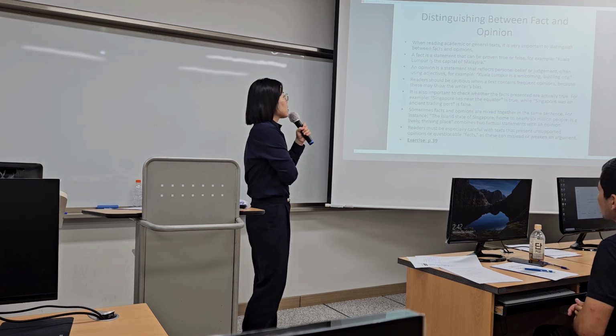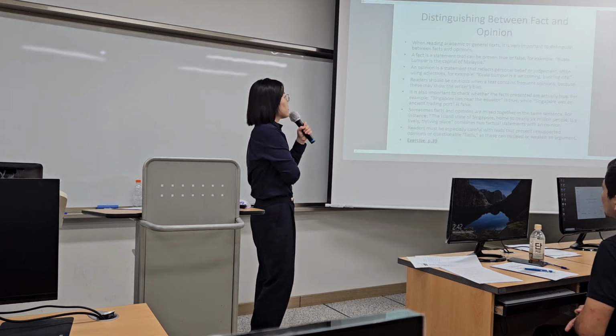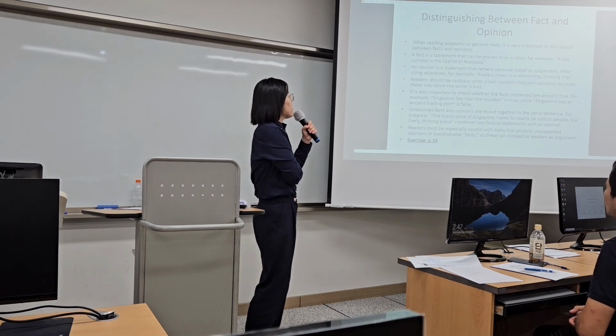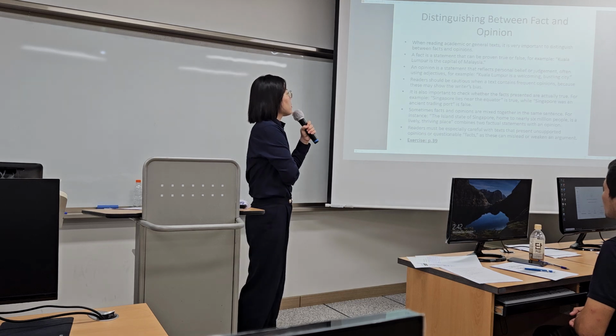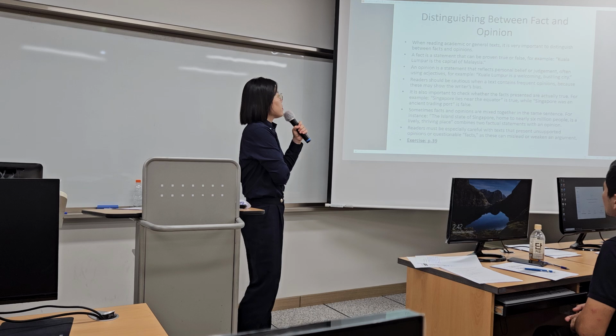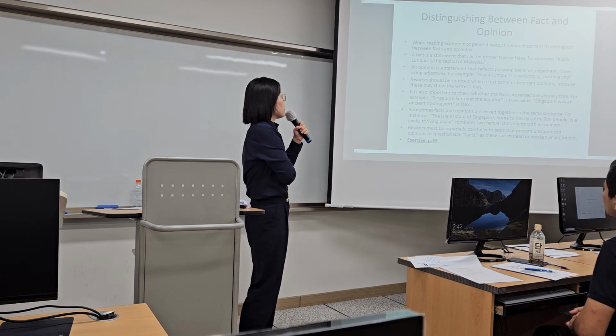Readers should be cautious when a text contains frequent opinions because this may show the writer's bias. It is also important to check whether the facts presented are actually true. For example, Singapore lies near the equator is true, while Singapore was an ancient trading port is false.